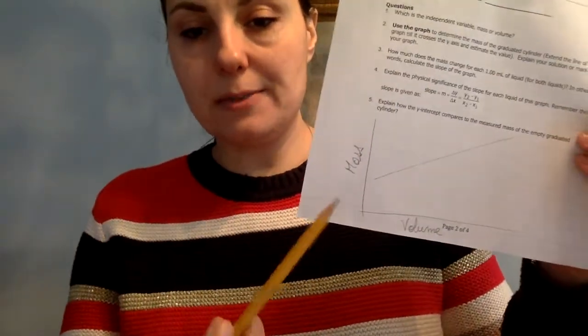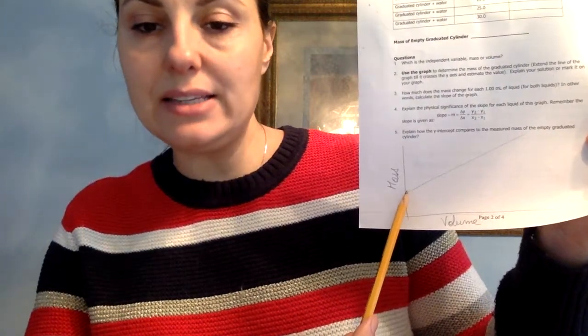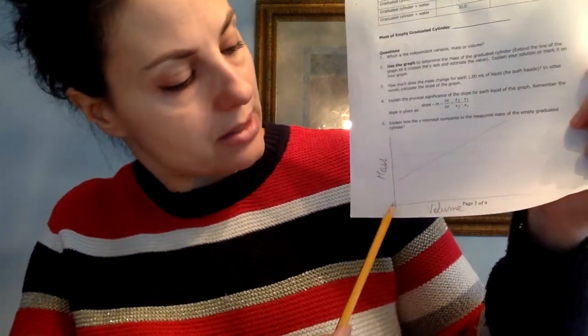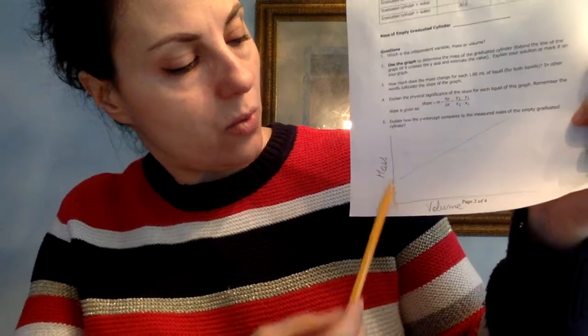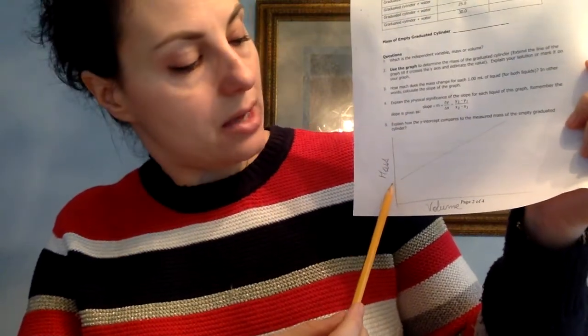You have mass, as I said, mass in the y-axis and volume in the x-axis, and it will look something like this. What you're going to do is extrapolate, so extend this line to where it crosses the y-axis, and record what that number is.